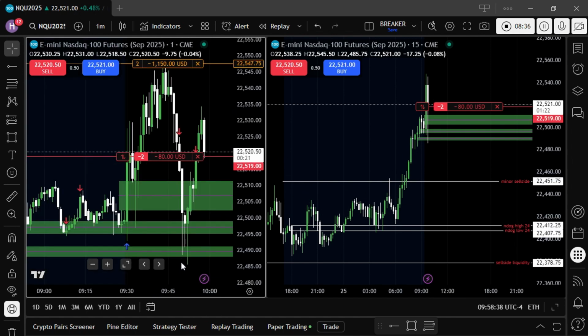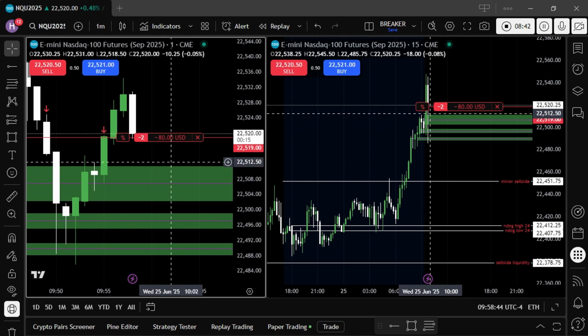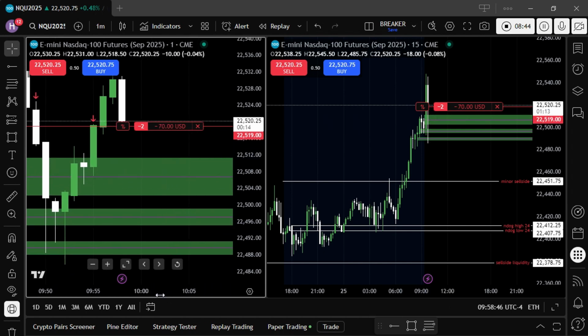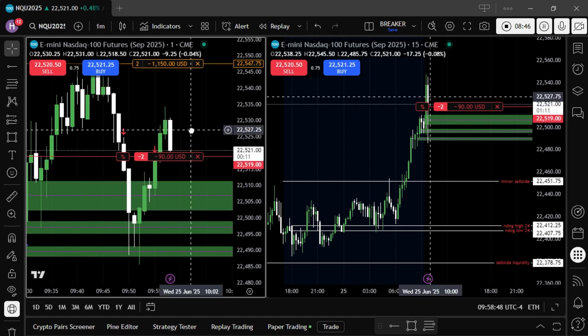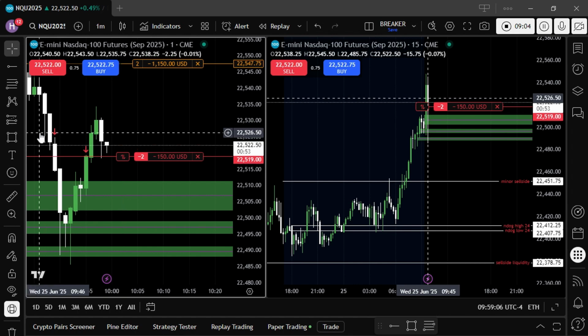But there's also minor sell side that I take a partial at, you'll see here. So now price failed to take out that swing high that I have my stop loss at, which indicates its weakness.